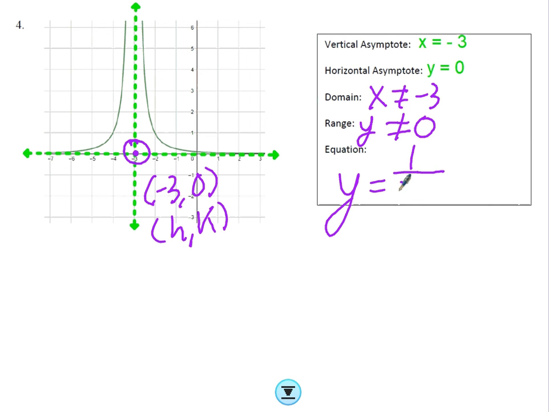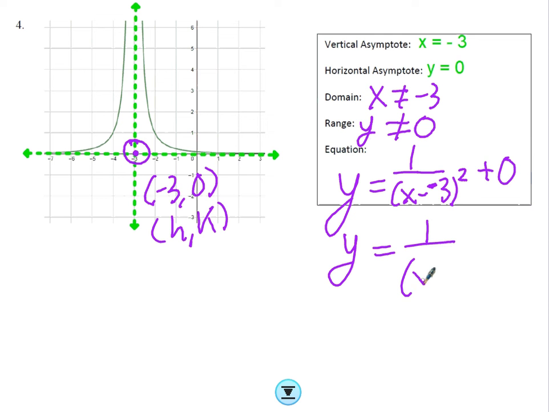So this would be 1 over x minus negative 3 squared plus 0, which when I simplify turns into 1 over x plus 3 squared, because the plus 0 doesn't have to be there, and then minus a negative is a plus.